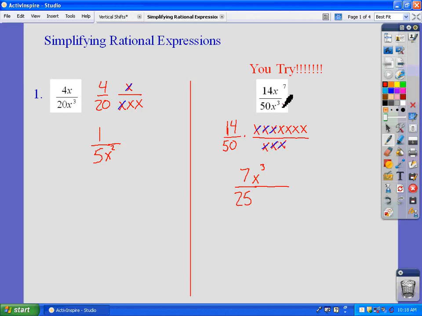When I'm dividing like terms, I'm dealing with the exponent on the top and the exponent on the bottom. What's 7 minus 3? I end up with 4. And I know I put a 3 right here, and that's incorrect. That should be a 4.